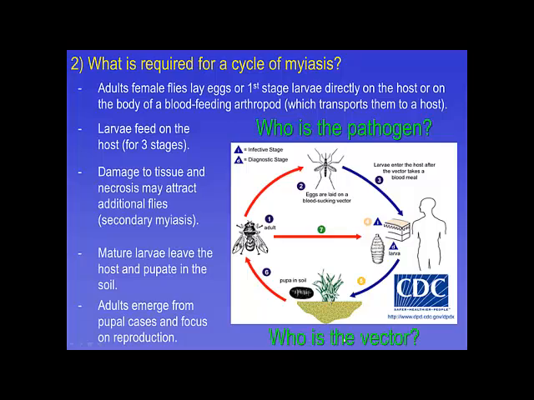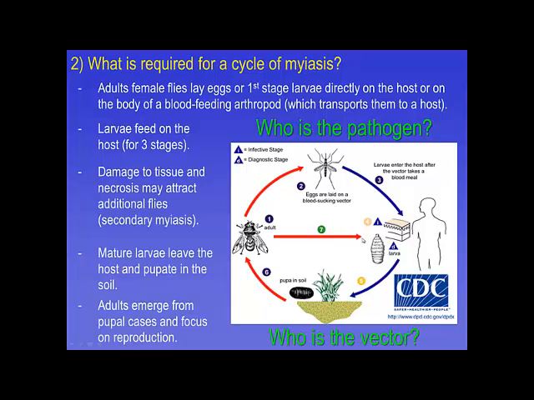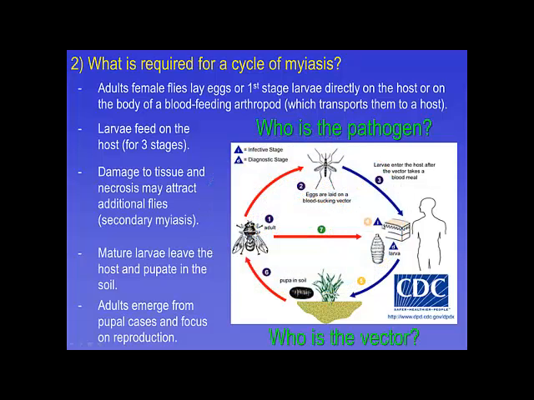So who is responsible for transmitting this pathogen to the vertebrate host? And there are two potential options for this. So one is the adult fly, which could transmit them directly to the vertebrate host. The other potential vector is a blood-feeding arthropod. So if the adult female lays eggs on a blood-feeding arthropod, then this arthropod becomes the vector for the myiasis.